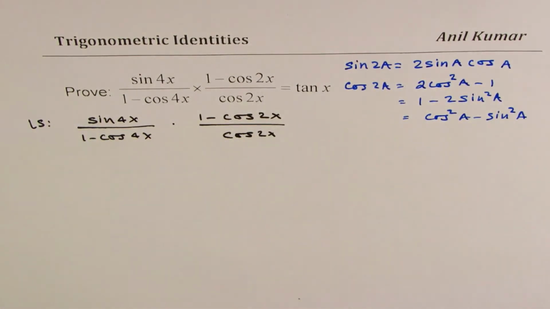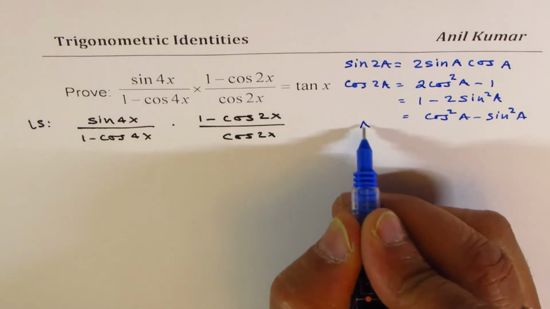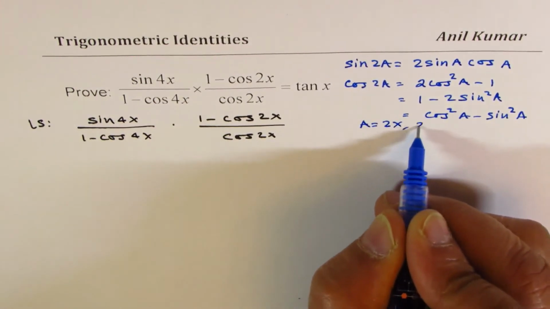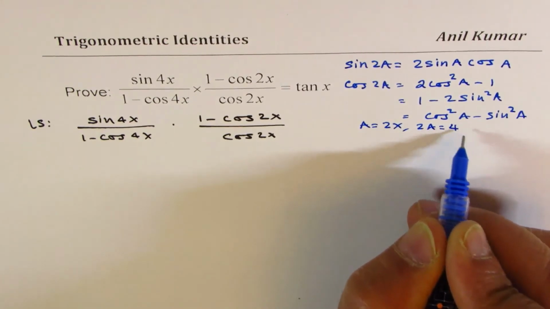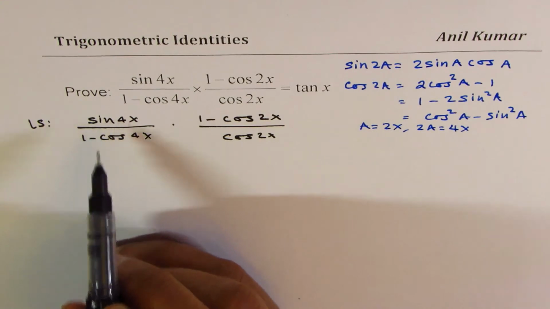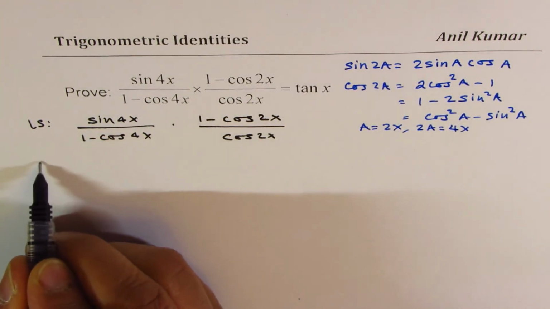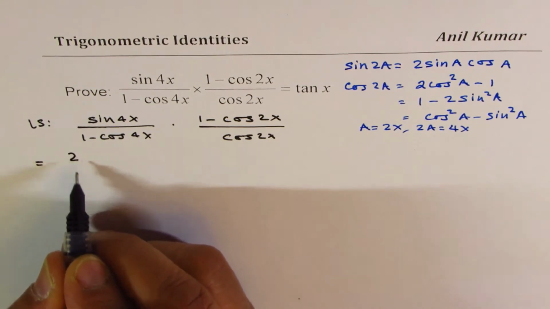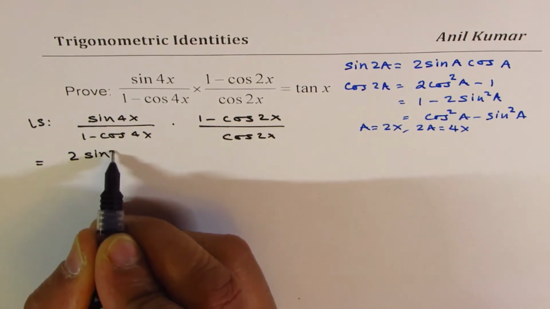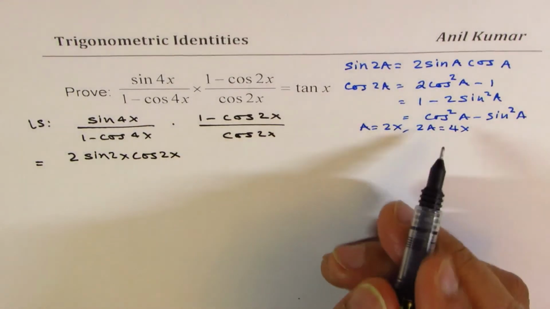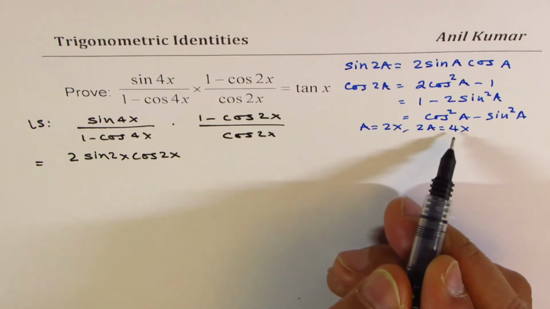Now if I say that a is equal to 2x, then 2a is 4x. Is it okay? So I can apply this formula here, writing sine 4x as twice sine 2x cos 2x. Clear? So that formula with a as 2x, 2a as 4x.